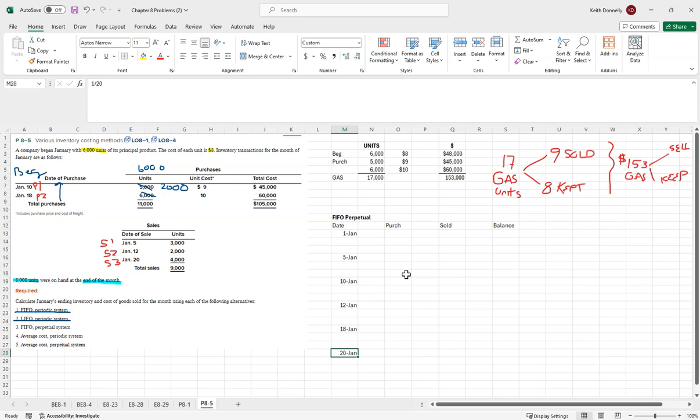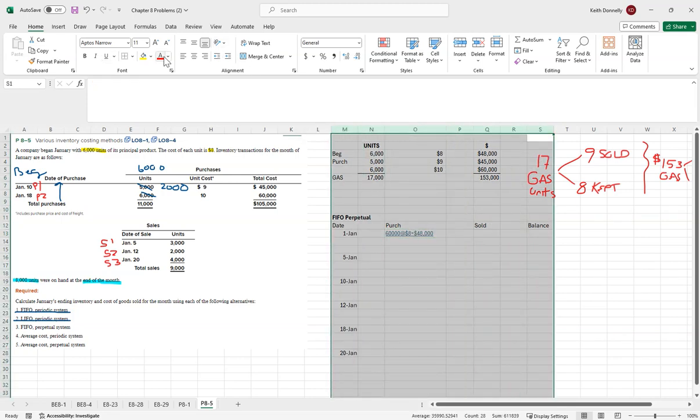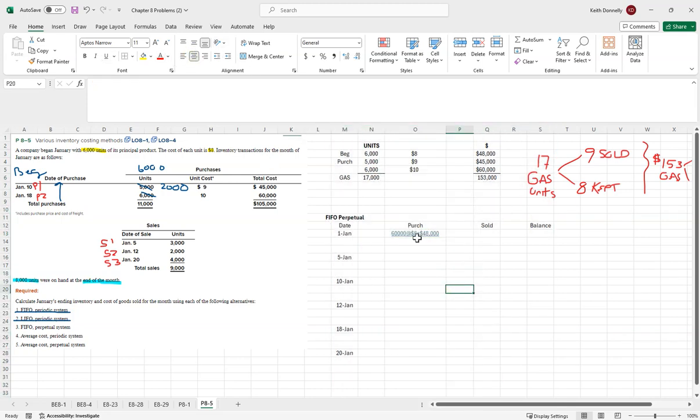First thing we're doing here, right, our beginning inventory. This is going to be, right, I'll just write it out, 6,000 units at $8 a unit equals 48,000, right? So we're going to see a lot of that ugly font here, but it's just the way it's going to have to be on there, right?